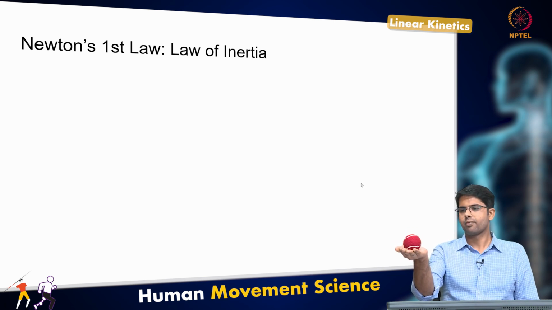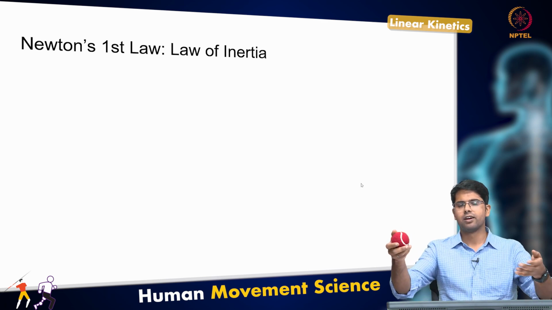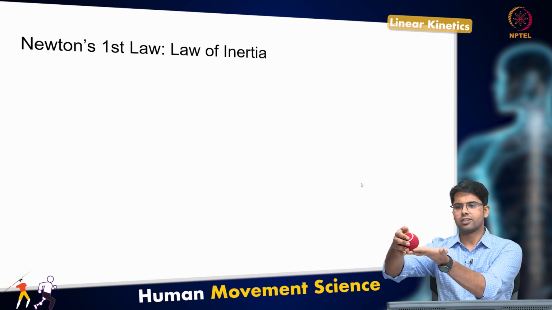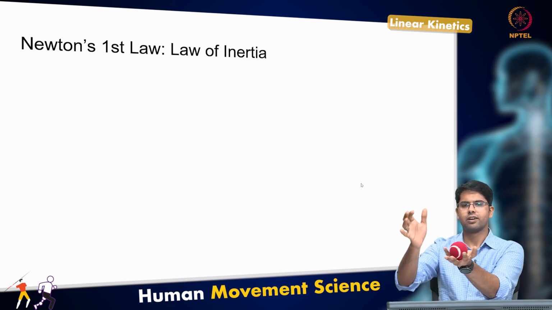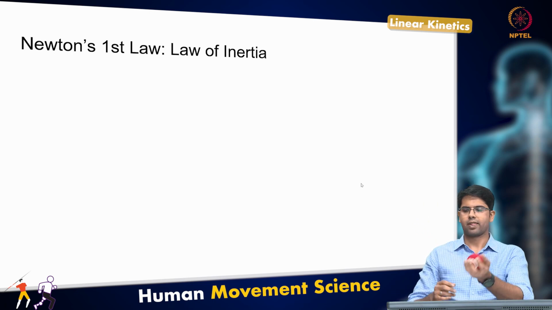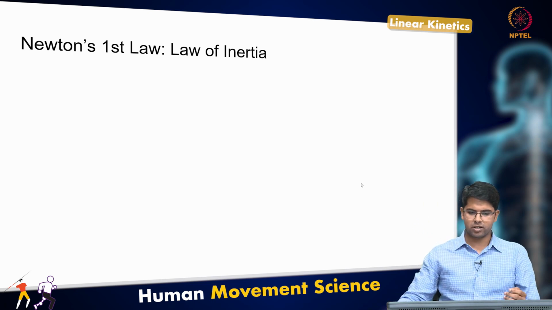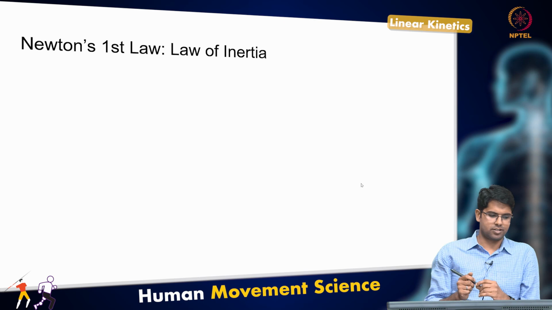It's just going to sit there forever, as long as I can hold it, I guess. Now, if I put it on another surface and I apply a force to it, it'll roll, right? So that's what the first law governs.